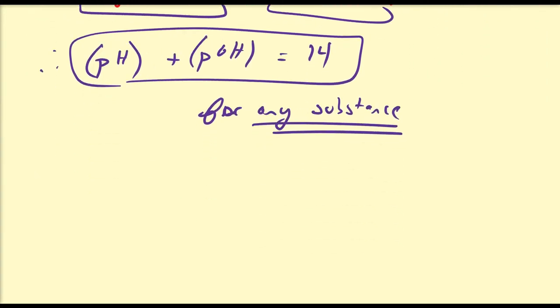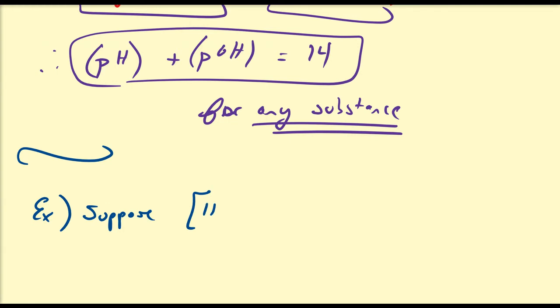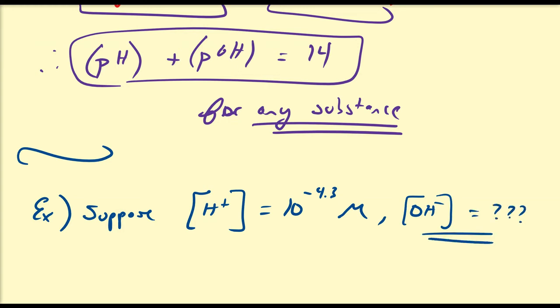Let's start off with an example of this. Let us suppose that the hydronium concentration for a particular substance is 10 to the minus 4.3 molar. What is the hydroxide concentration for this particular substance?